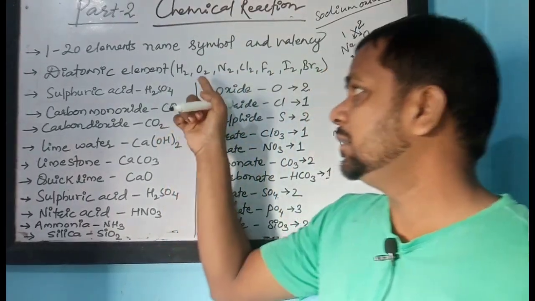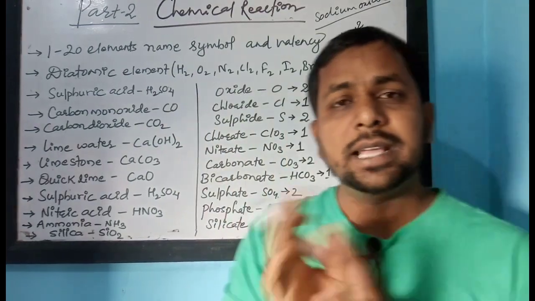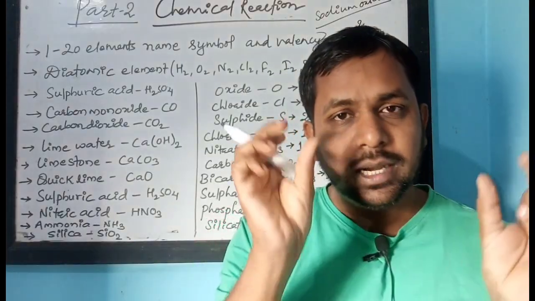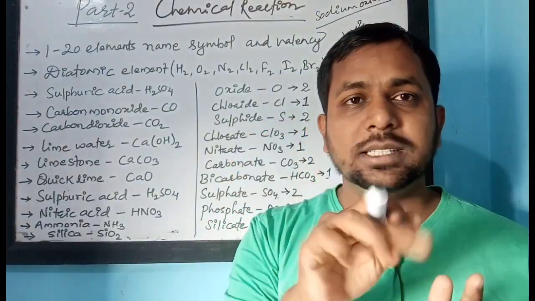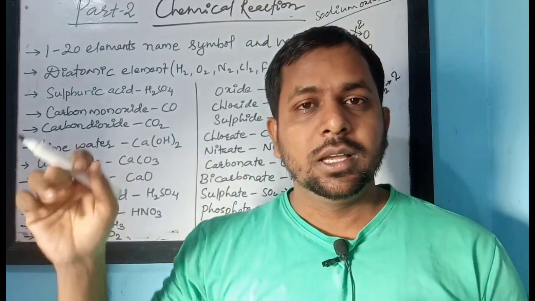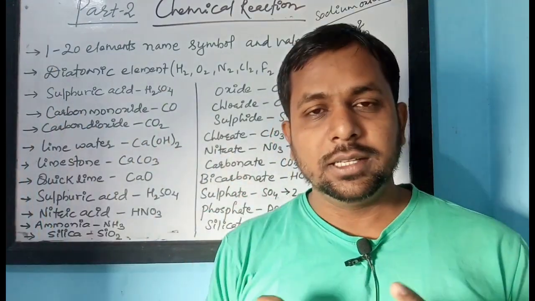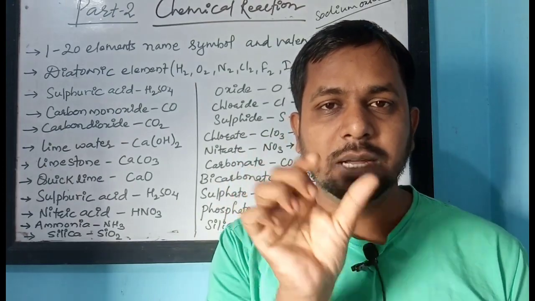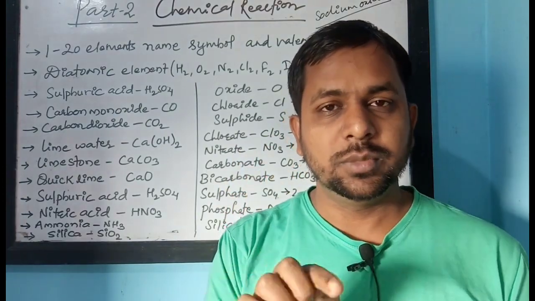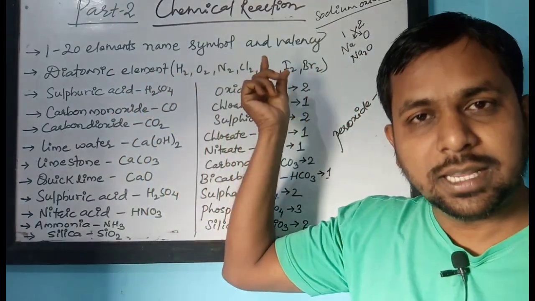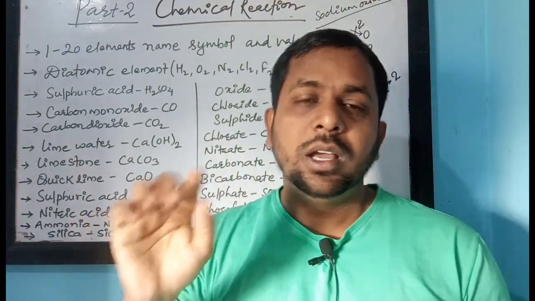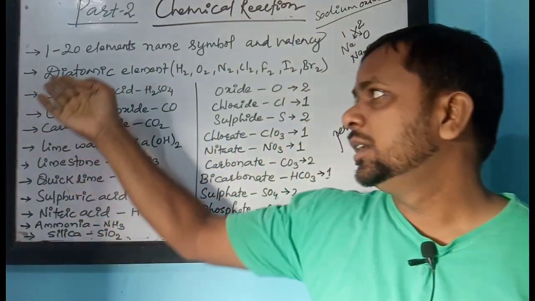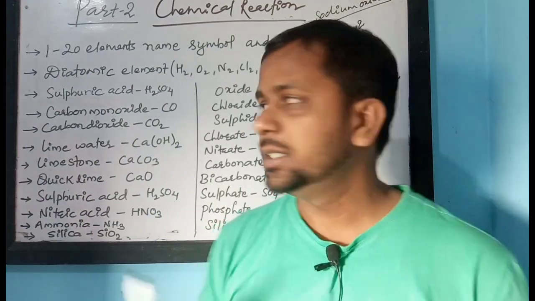Whenever they come in the reactants or products as single elements, suppose hydrogen plus chlorine gives hydrogen chloride, then for hydrogen we have to write H2, because these are diatomic elements. Why are we writing 2? You can see my previous video regarding diatomic elements.